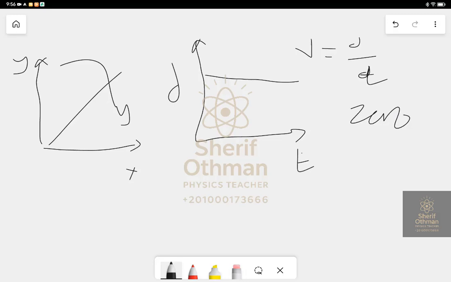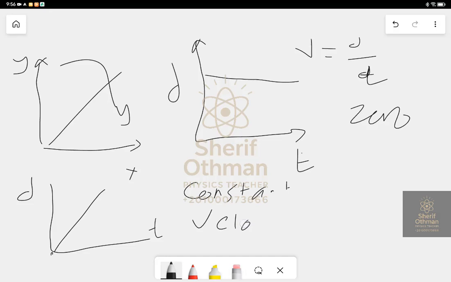And if the slope is a positive straight line coming from the origin point in the graph between distance and time, this graph will represent constant velocity, as there is a regular change of the ratio between distance and time.